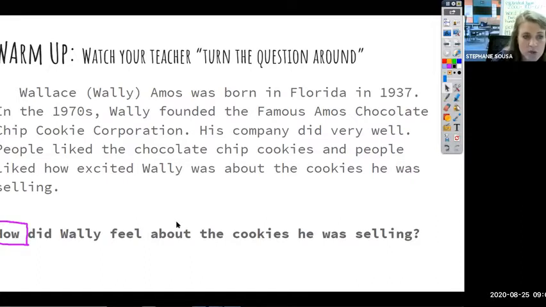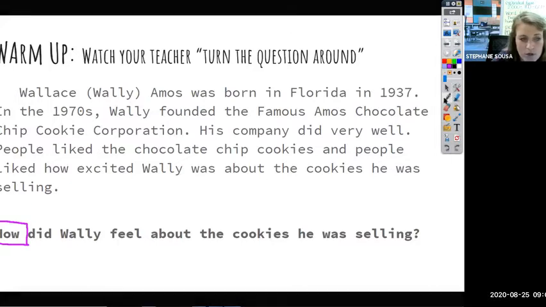How did Wally feel about the cookies he was selling? What are our clues? What do we want to know about? What are the clue words here? What should I underline? Kennedy, go ahead. Who's the question talking about?